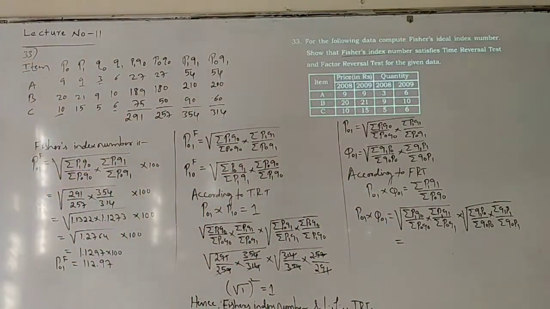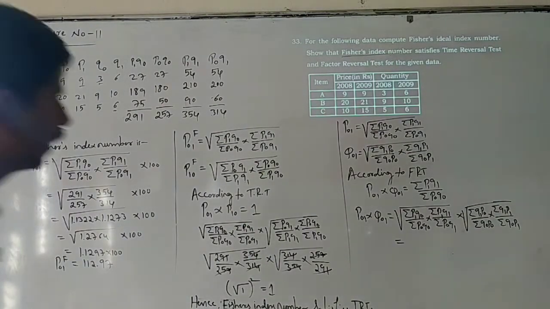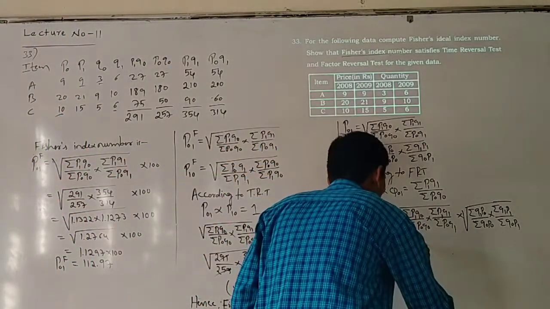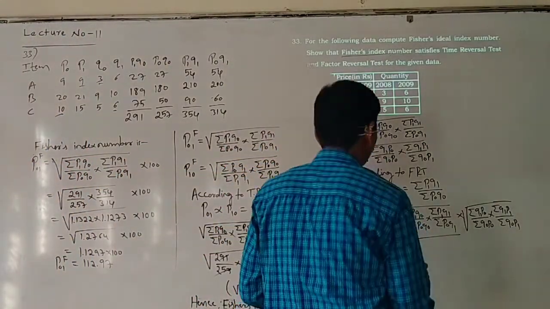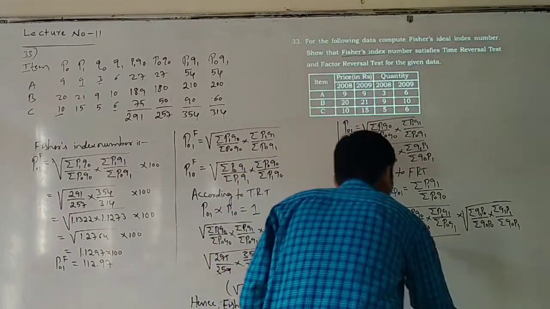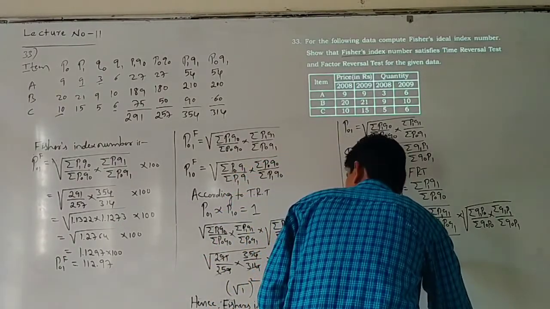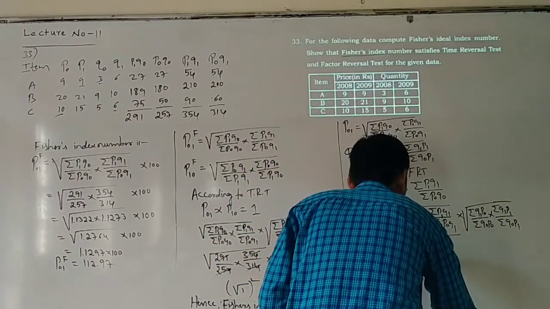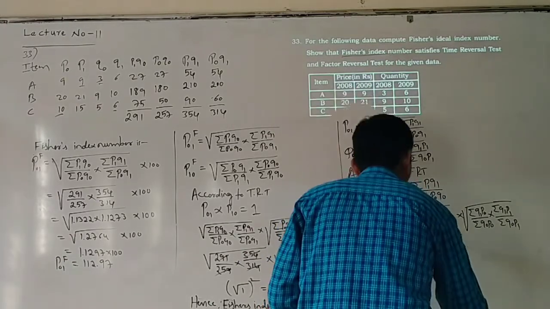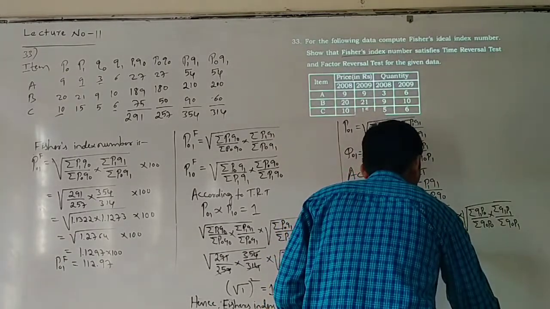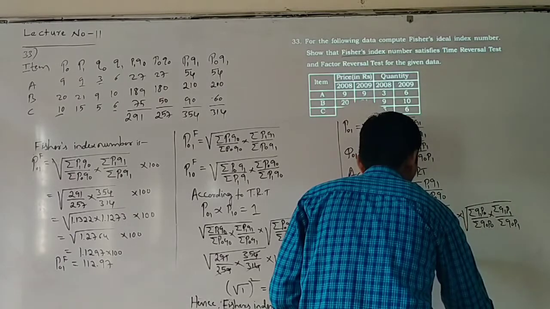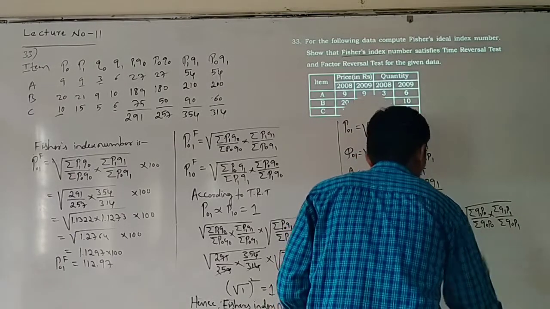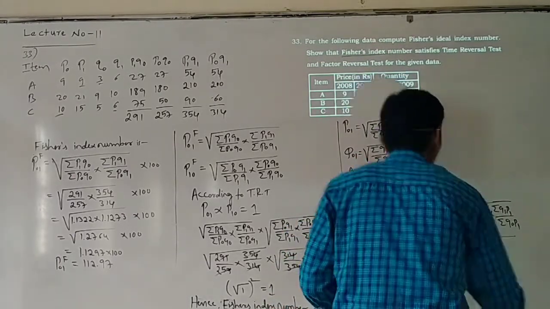The next, we have to substitute the given values in the equation. Okay, under root of sum of P1 Q0, that is 291, divided by 257, into 354 divided by 314, into under root of Q1 P0.